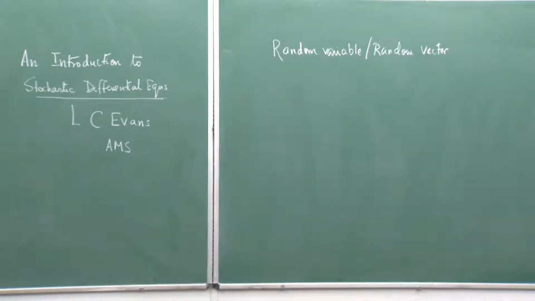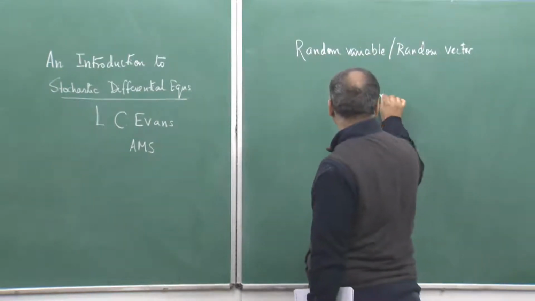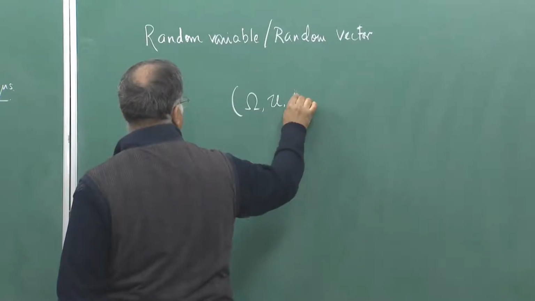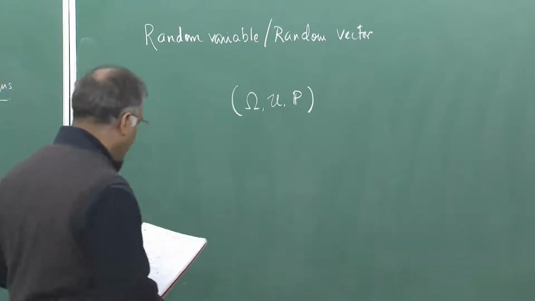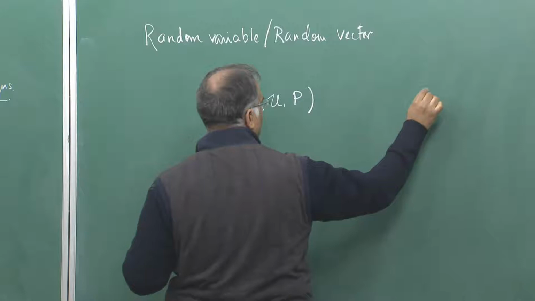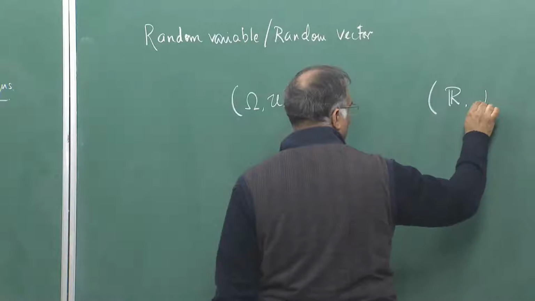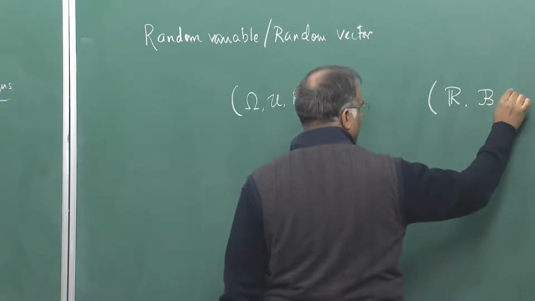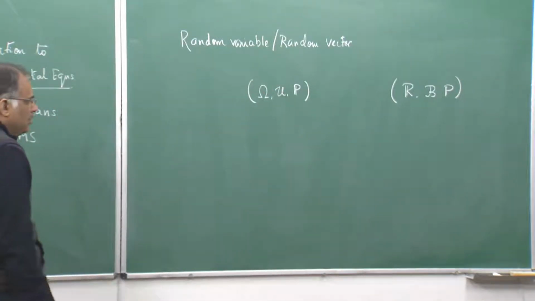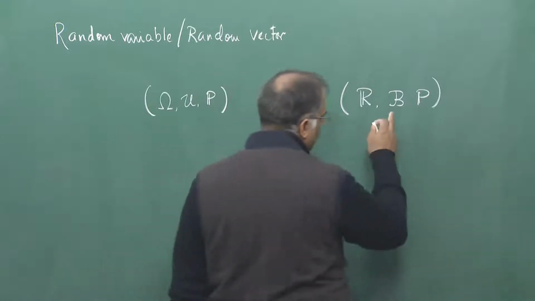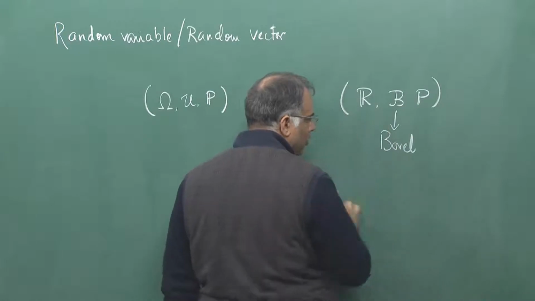So, let me consider a probability space and a probability measure P, and also consider the real line R and a sigma algebra B. On the real line R, the sigma algebra that we associate with R is called the Borel sigma algebra, which is naturally related to its topology.